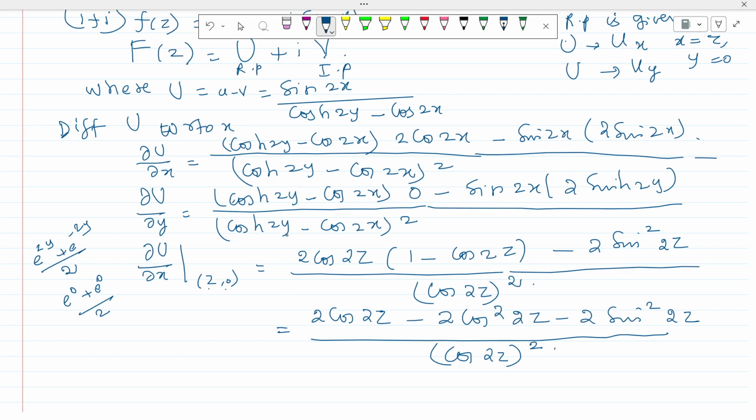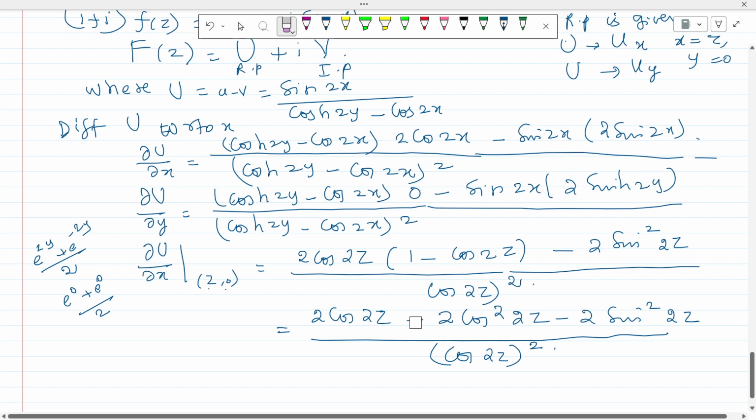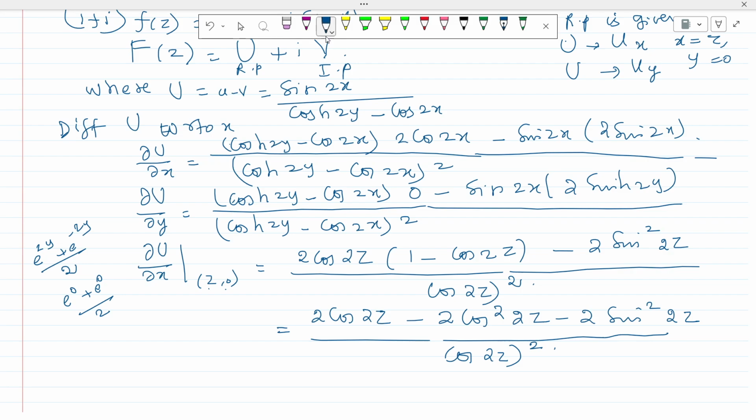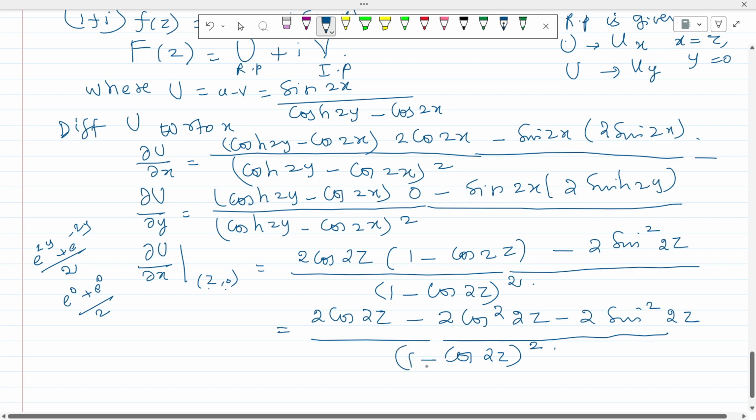But cosh 2y is not 0, it is 1. So 1 minus cos 2z, here also 1 minus cos 2z, whole square. So what you get here?